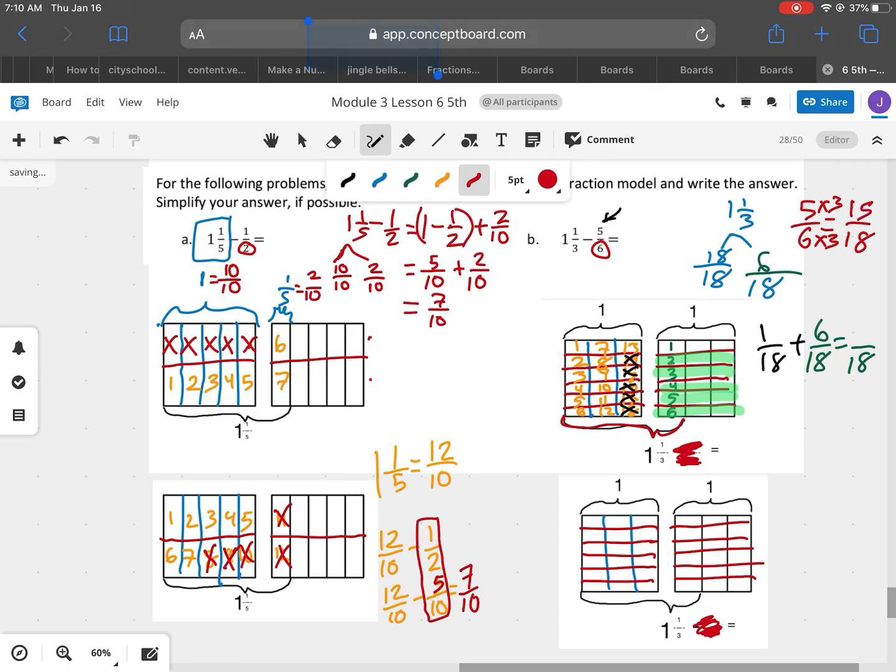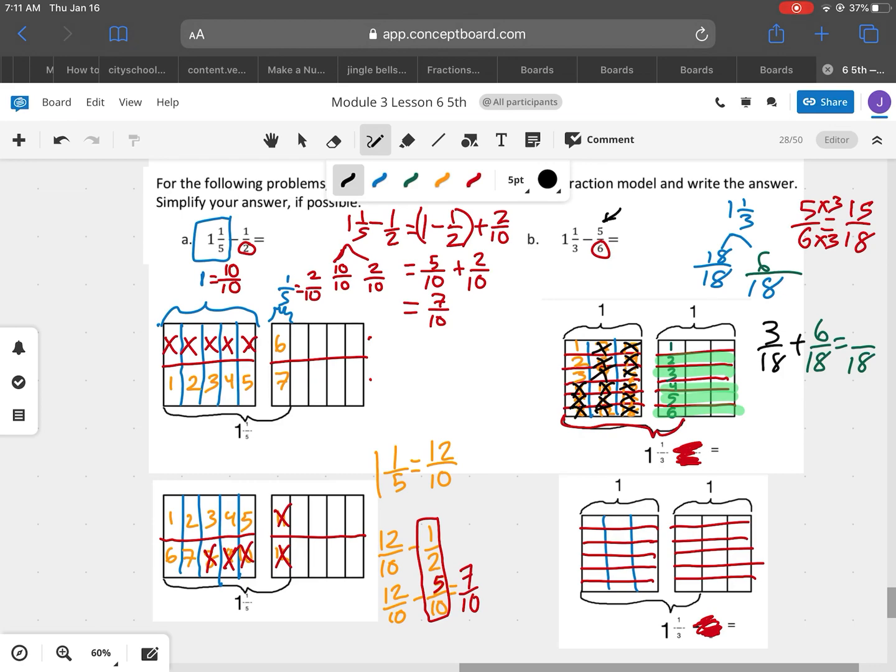So it would be 15 18ths, and I should be crossing out 15. So there's 5, 6, 7, 8, 9, 10, 11, 12, 13, 14, 15. Whoa! So that only leaves me 3 18ths. Okay, see? Sometimes even the teacher needs to go back and check.